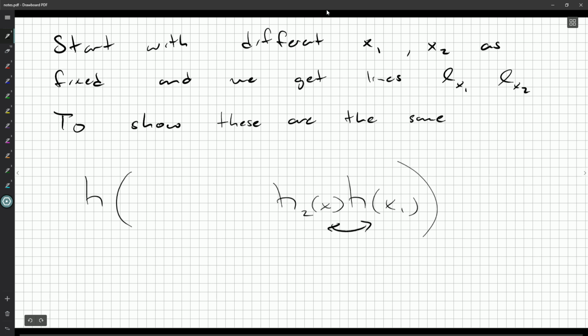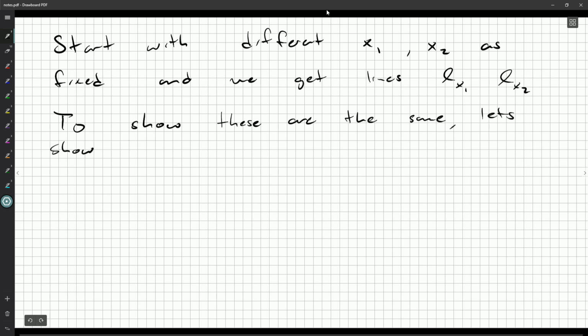And then we need something else. So to show these are the same lines, let's show they have 2 points in common.